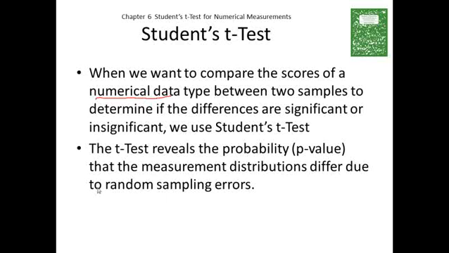The t-test reveals the probability, the p-value, that the measurement distributions differ due to random sampling errors. So that's exactly what we need. We need to have a p-value, and this t-test will give you that p-value. It is extremely easy to do in Excel.